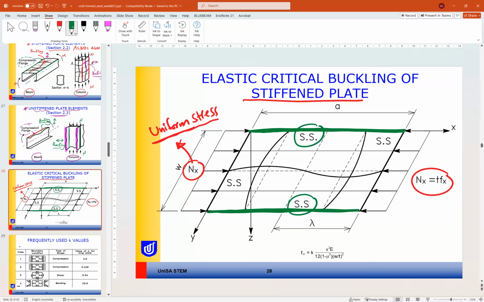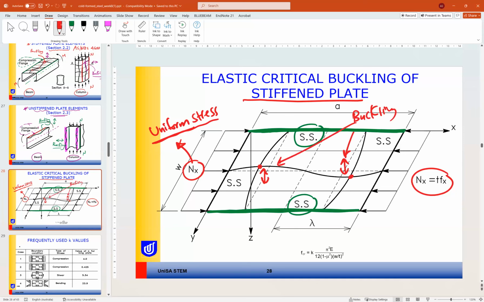So under the stress, these points will be able to move up and down so that they are under buckling. So these points are under buckling.